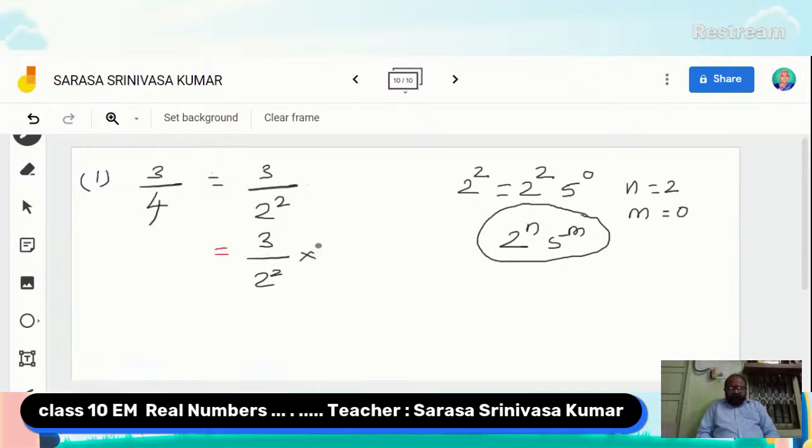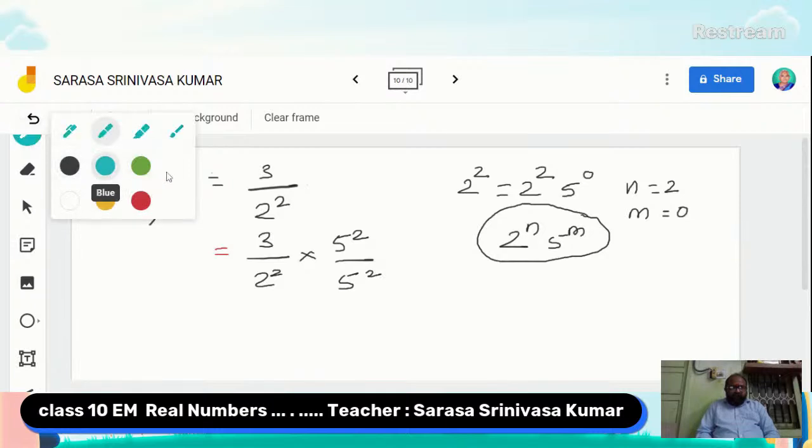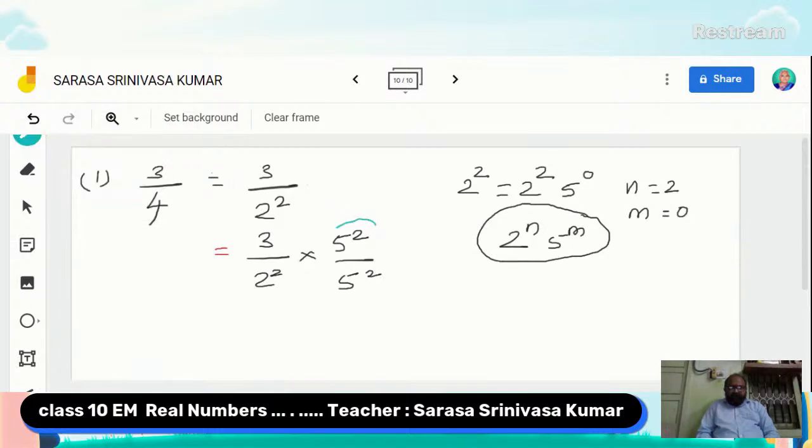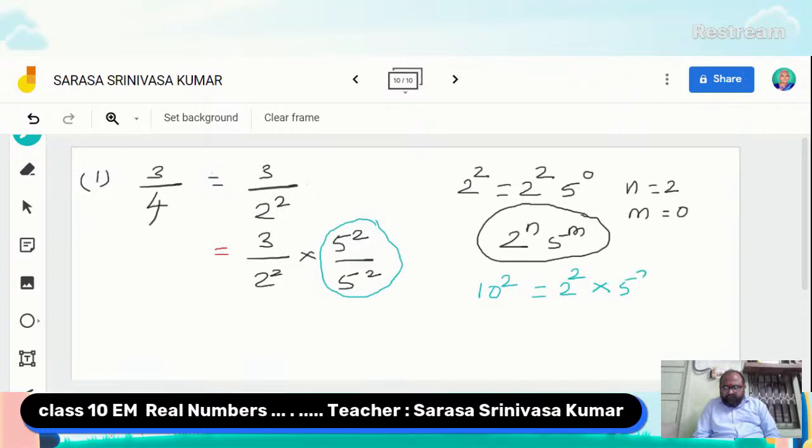We must multiply and divide by 5 square. Why should we multiply and divide by 5 square? Because we want to get 10 square in the denominator. If you multiply the denominator by 5 square, you get the form 10 square.